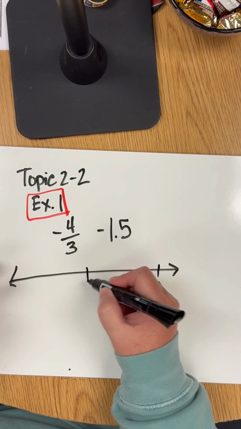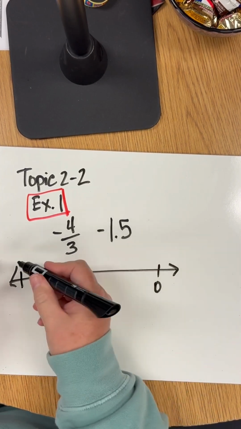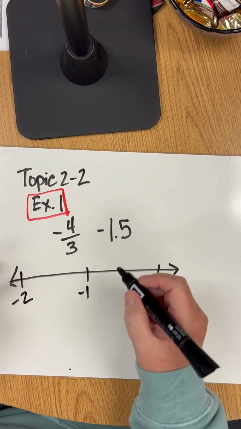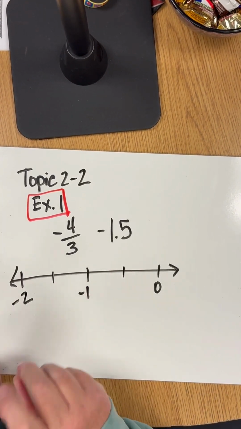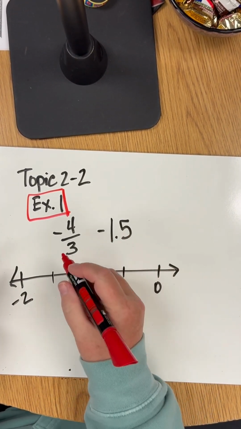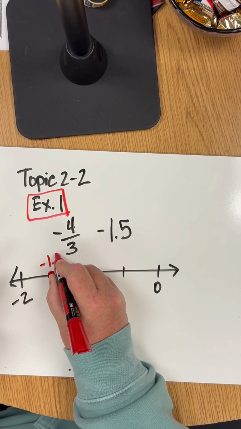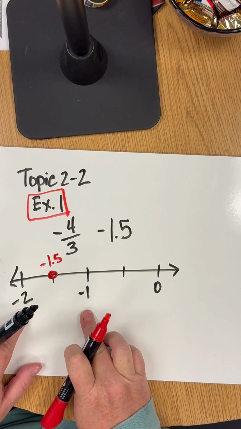I know that I'm going to have a -1, and these are going to be over a little bit more, so it looks like a -2. I'm going to first do them in half because I know that this one, -1.5, will be my easiest. So I'm going to put a point there, and I'm going to say this is -1.5 because it's going to be between -1 and -2.